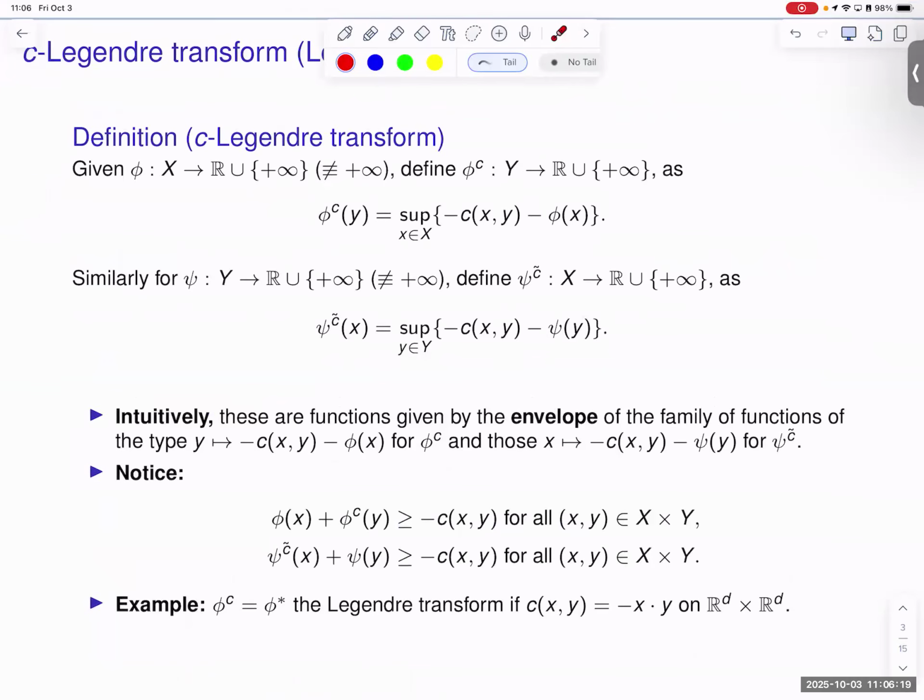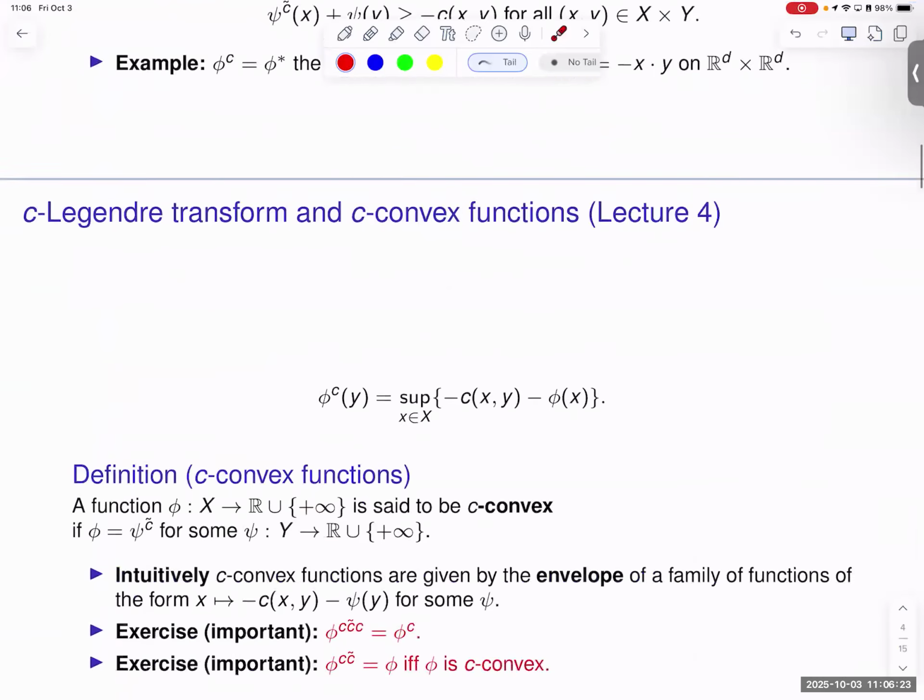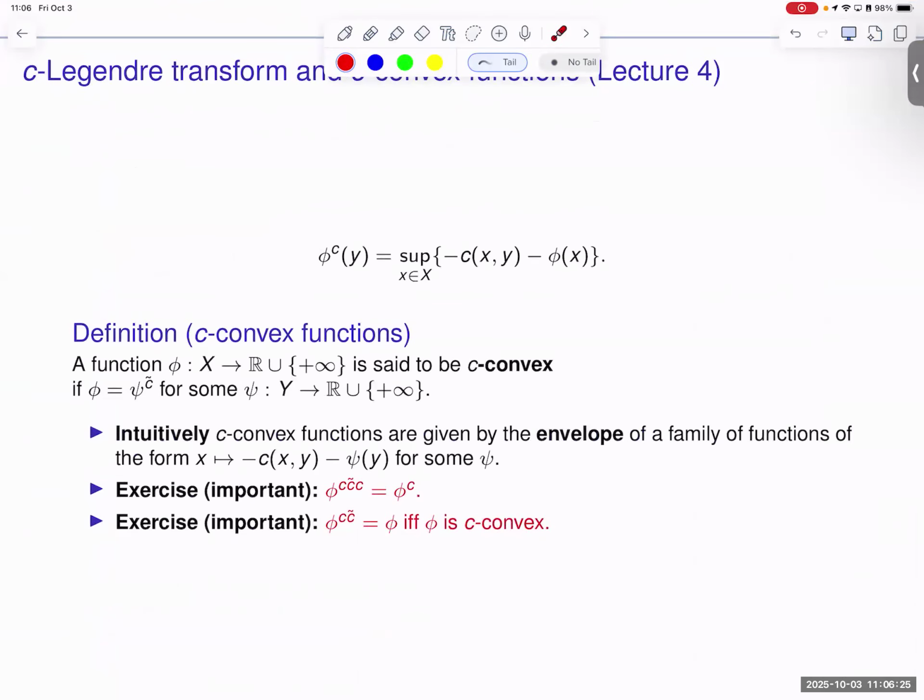And then yeah, I kind of discussed this. So these C convex functions and C-Legendre transform share almost the same properties as Legendre transform, namely, remember in the Legendre transform, if you do Legendre transform three times, that's the same as doing Legendre transform only one time.